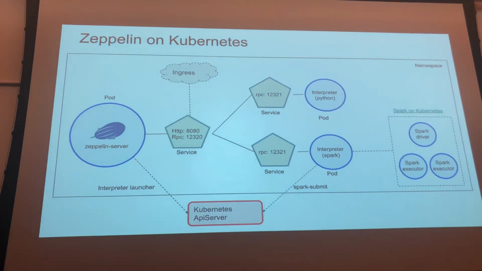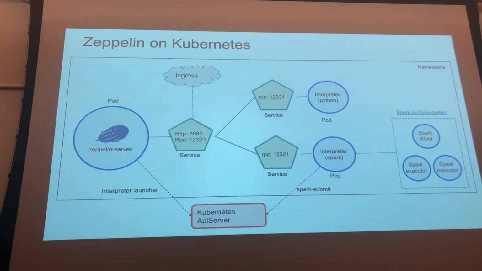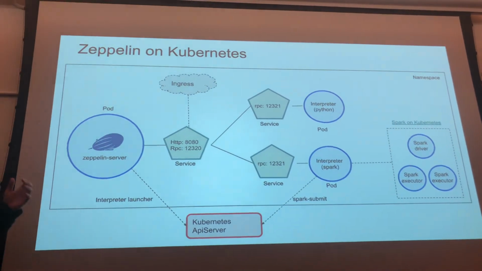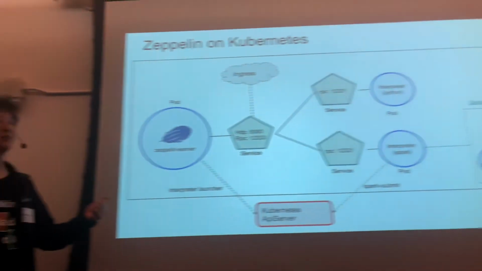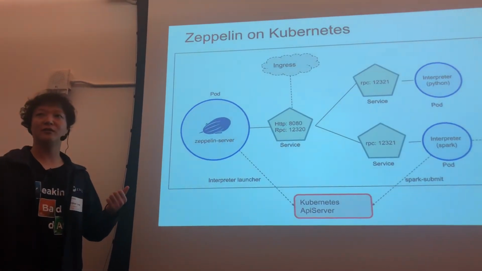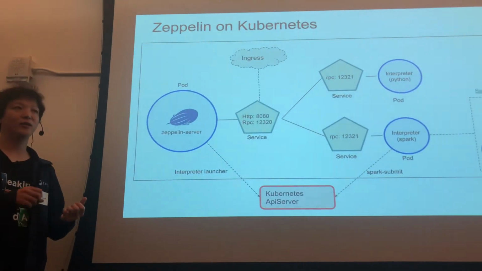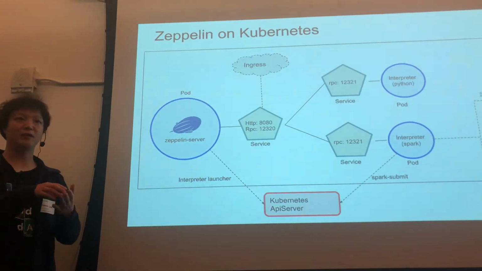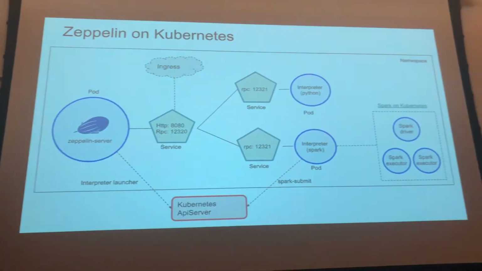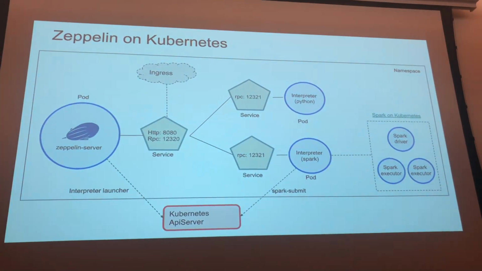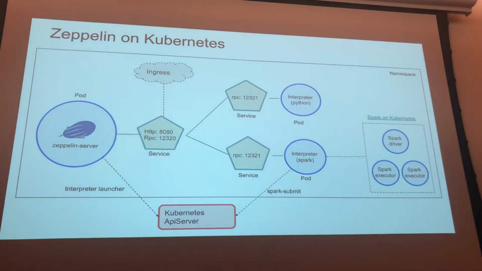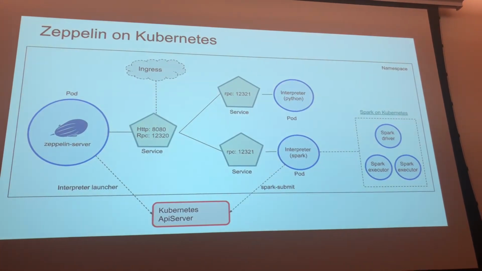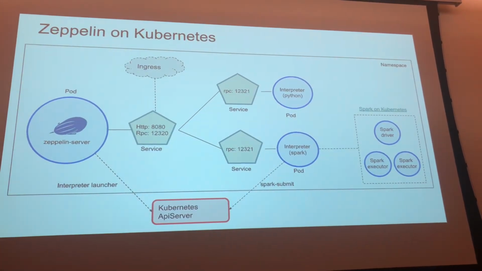Fortunately, the Zeppelin community doesn't have to handle all of that, because the Spark community already managed to do that. Since Spark 2.2, you can use the Spark submit command to not only submit your job, but also, at the same time, create a Spark cluster inside of the Kubernetes cluster, and then submit your job to that cluster.